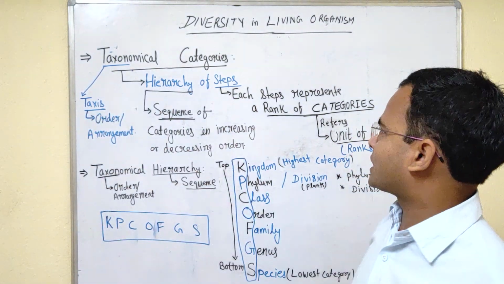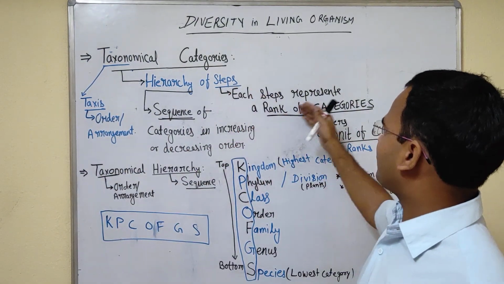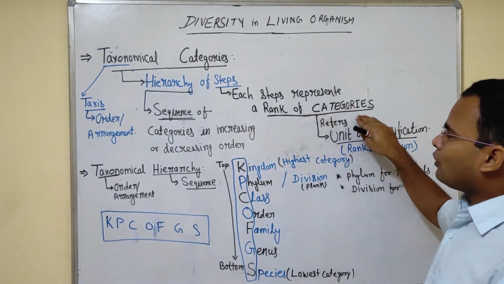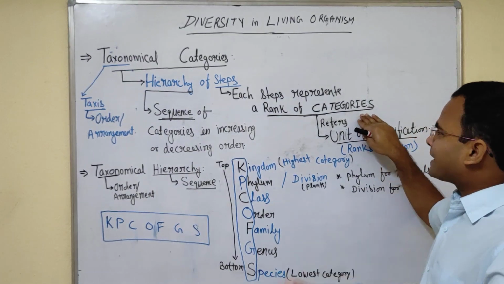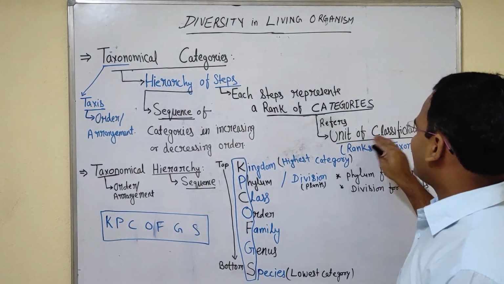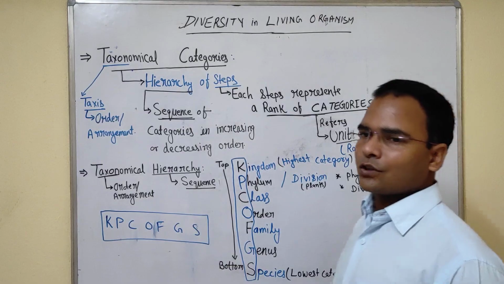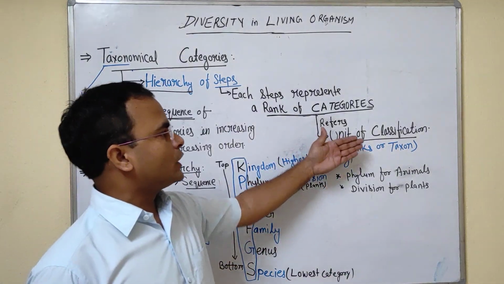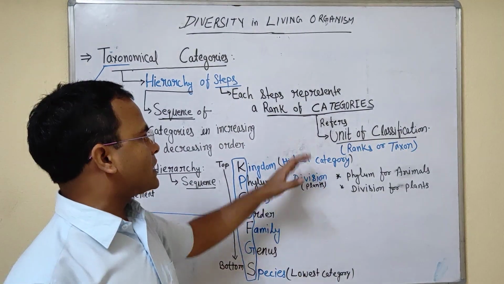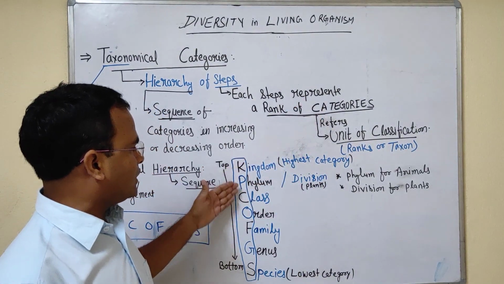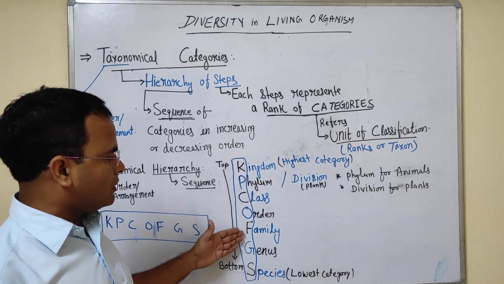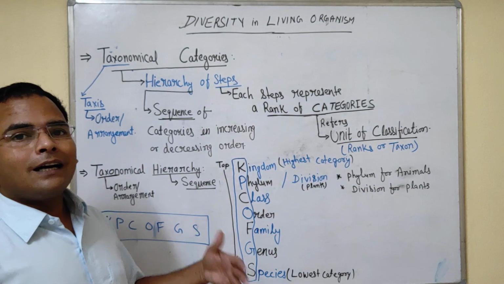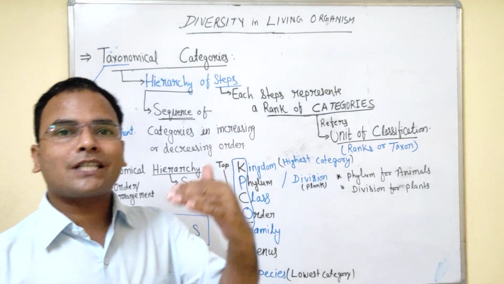Each and every step represents a rank of category, the unit of classification, which is called a rank or taxon. If we see the different categories, they are kingdom, phylum, class, order, family, genus and species. These are the different categories, the different steps.